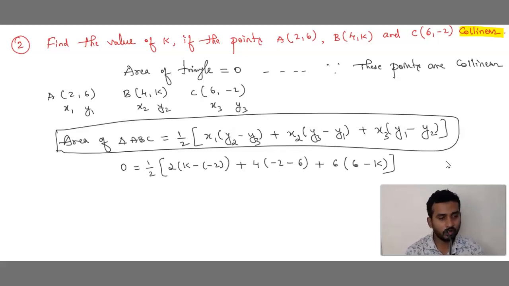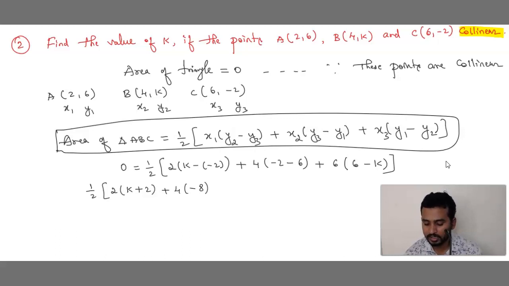Close the bracket, whole bracket. Okay. Now if you want, you can shift this 0 to the RHS side also. That is half into 2 into (k minus minus 2) plus 4 into (minus 2 minus 6) plus 6 into (6 minus k) equals 0.